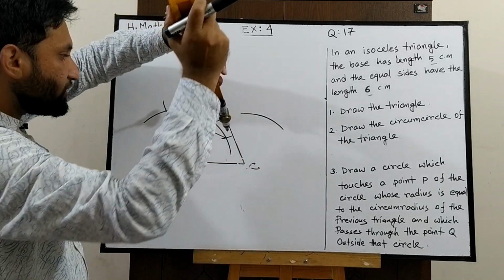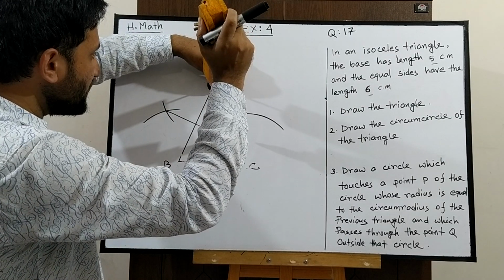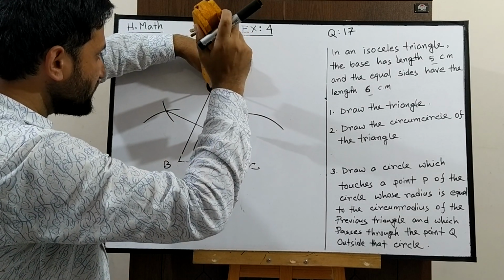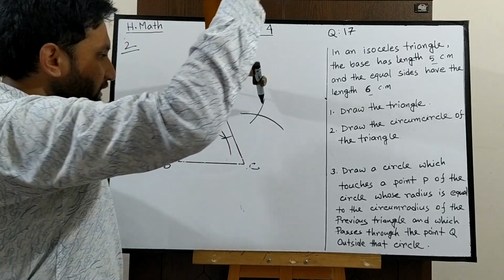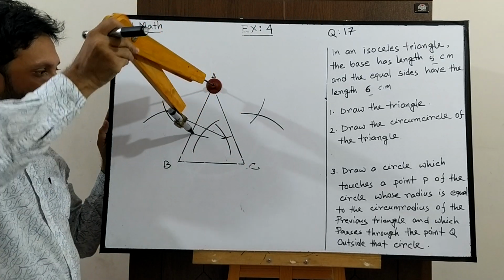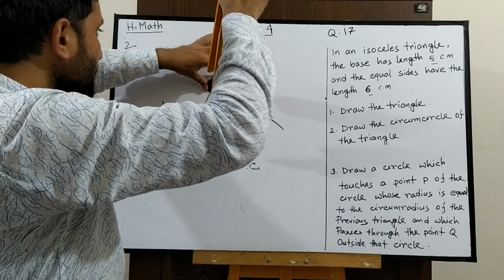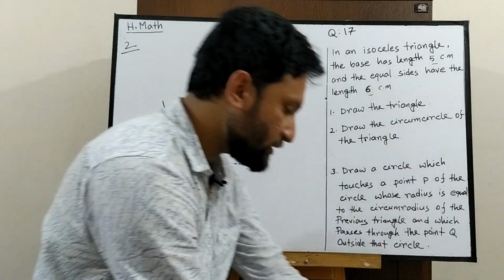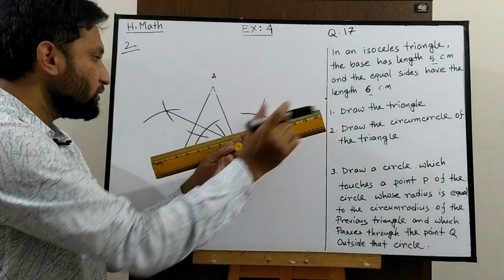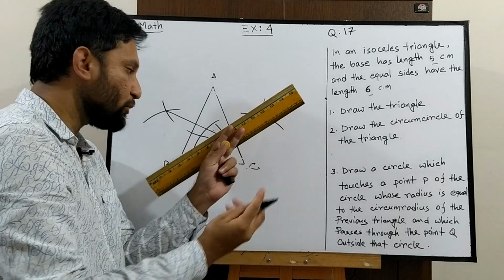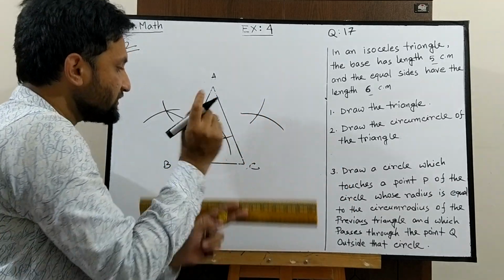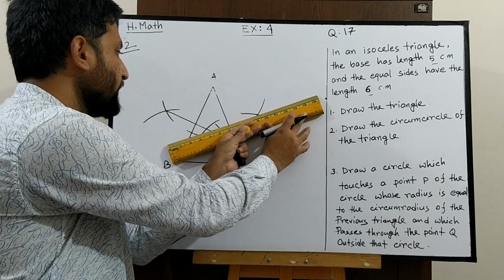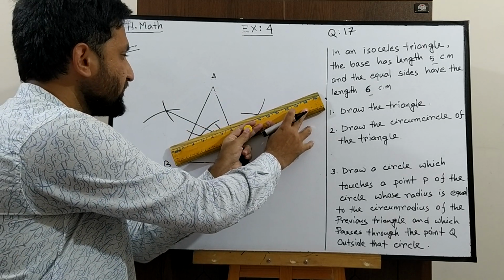Again set the compass on point A and draw another arc on the right side and left side. Now again join the two intersecting points of the arcs. Here the right side is this and the left side is this, and join both of them. This is the bisector line.